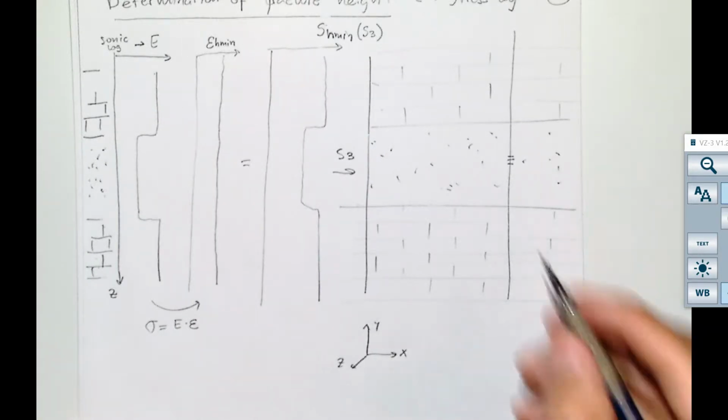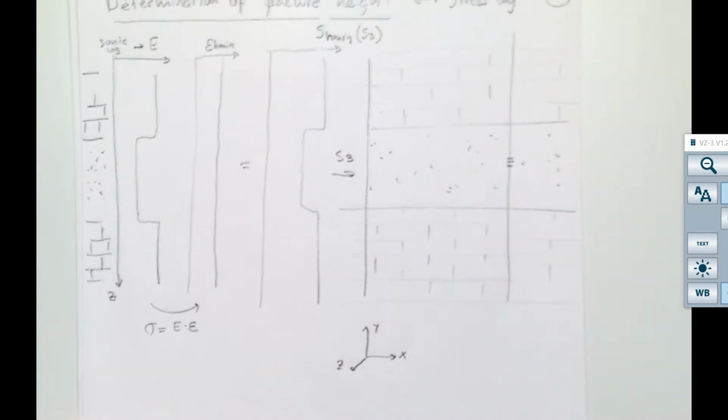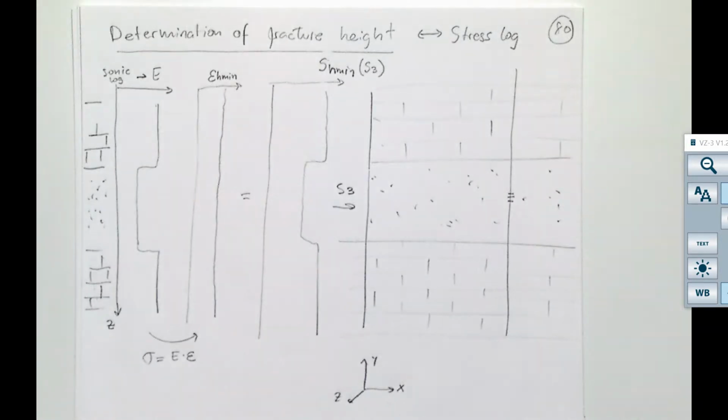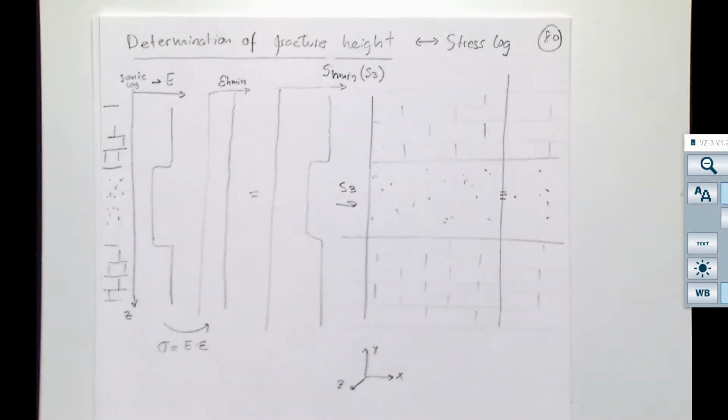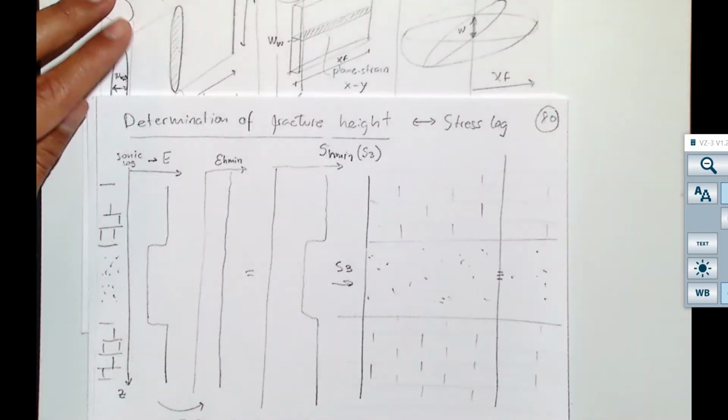All right, so I start injecting and fluid comes out of the perforation. What would you expect? Let's try to think on the geometries that we saw before. PKN or radial or KGD, what do you think? Just at the very beginning.